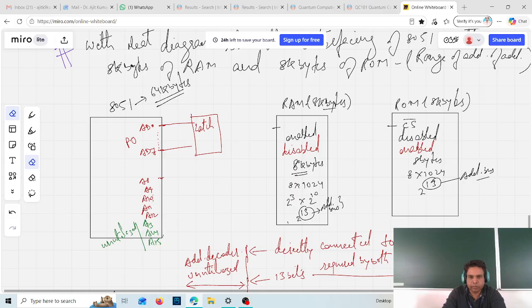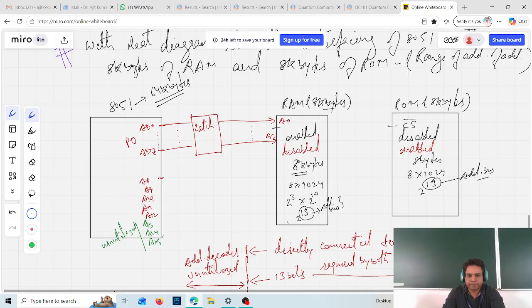I'm removing the CS pin from here, and I'll make that CS pin somewhere else. At the output of the latch you will get the address only, from A0 to A7, and the intermediate lines are there. Fine.